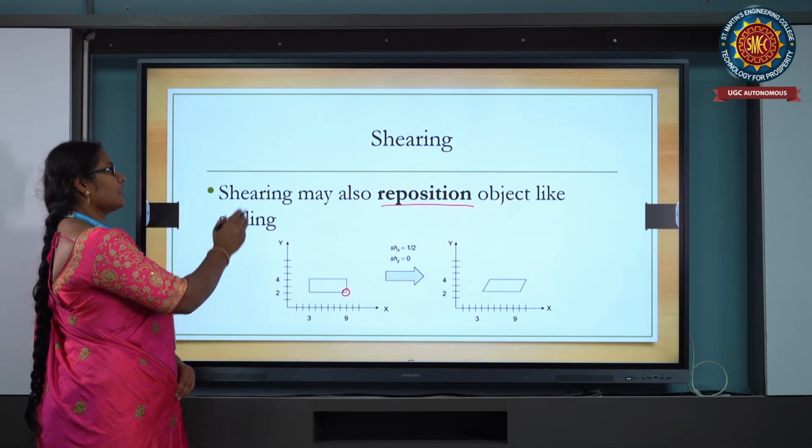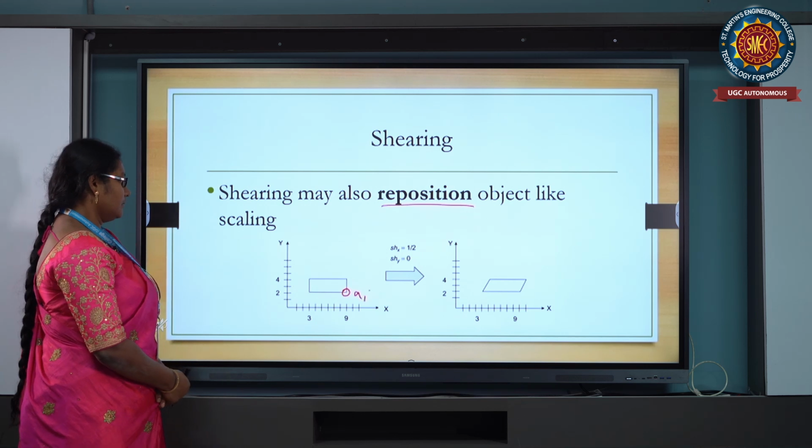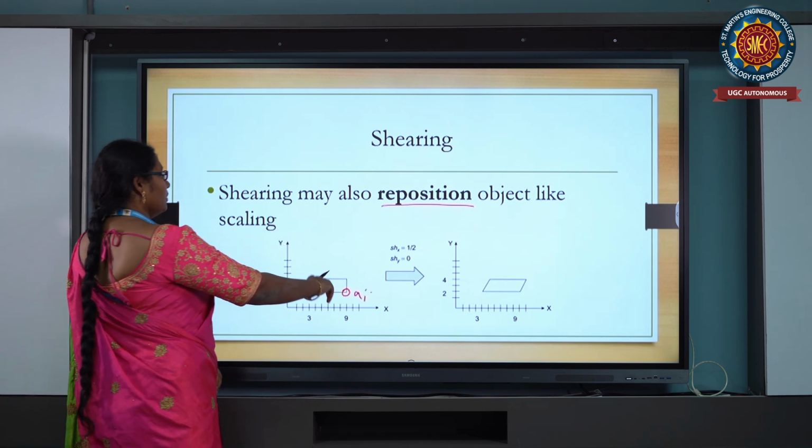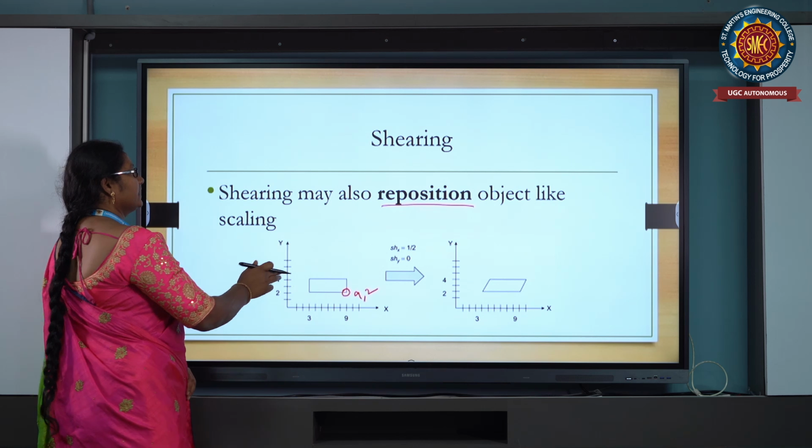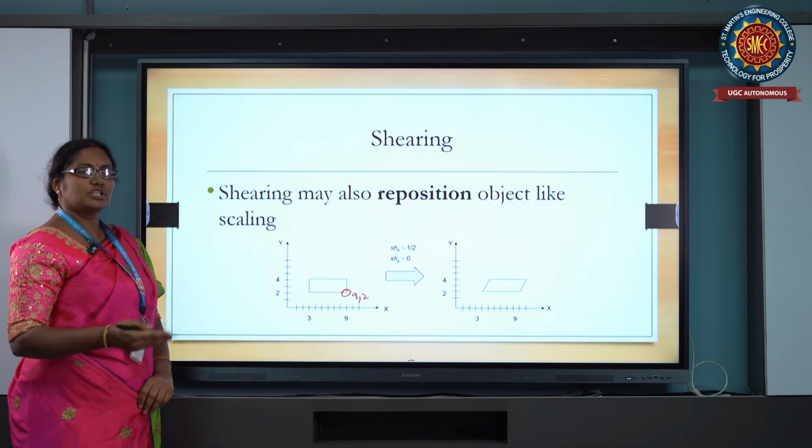Now finally shearing transformation. We can move towards the x direction and y direction. Shearing may be repositioning the object.